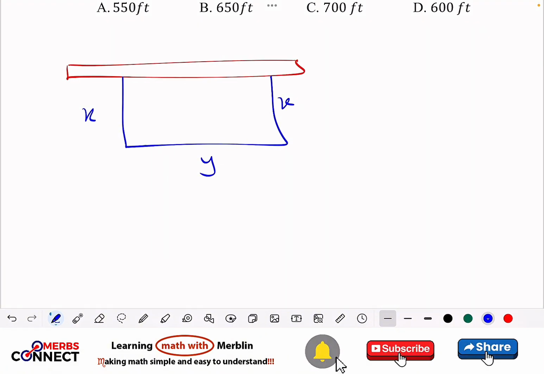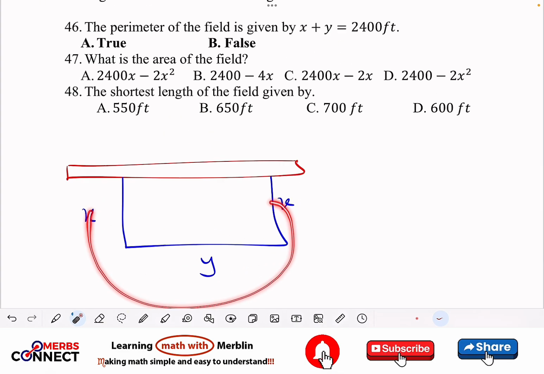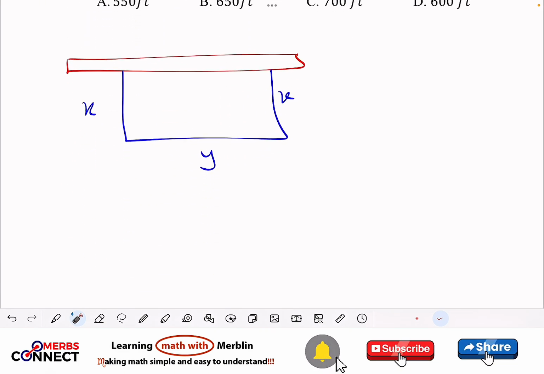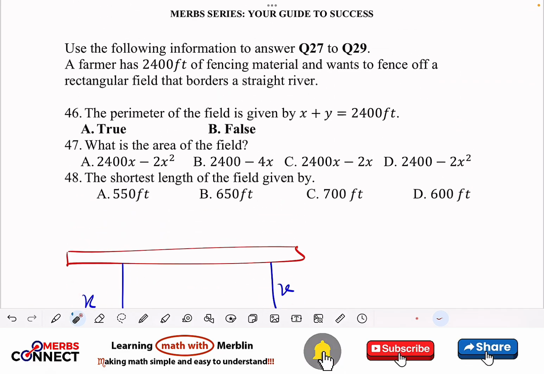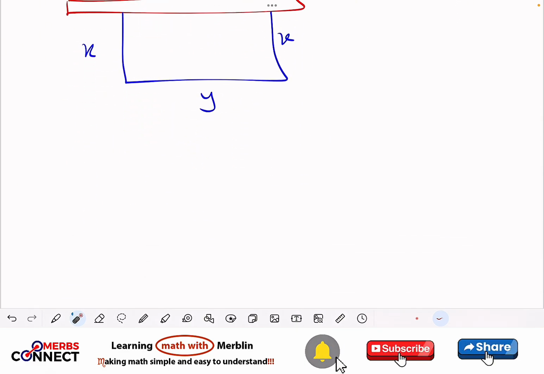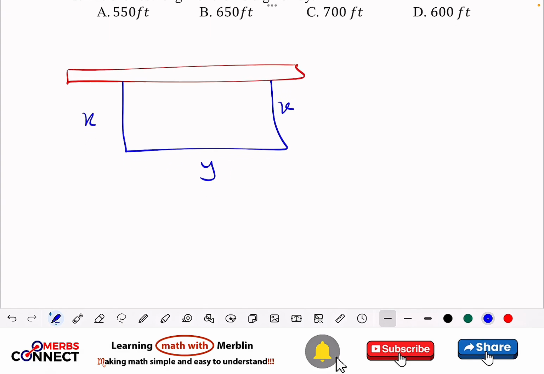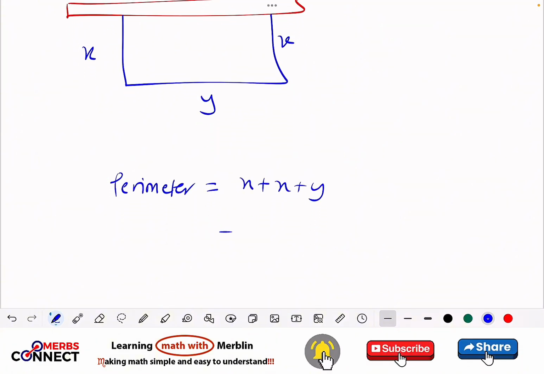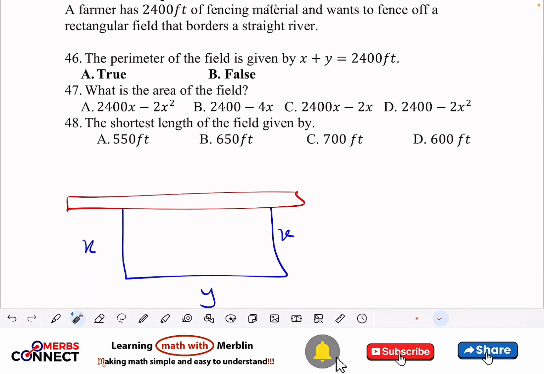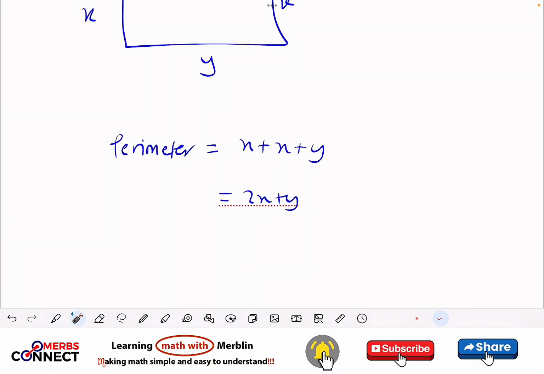So for us to fence this one, we are going to have the perimeter, which is going to be this plus this plus this, supposed to be equal to this. So we are going to have the perimeter to be equal to x plus x plus y. And this is going to give us 2x plus y. But the perimeter is given, which is equal to 2400.